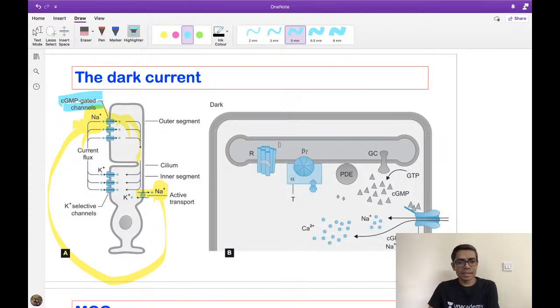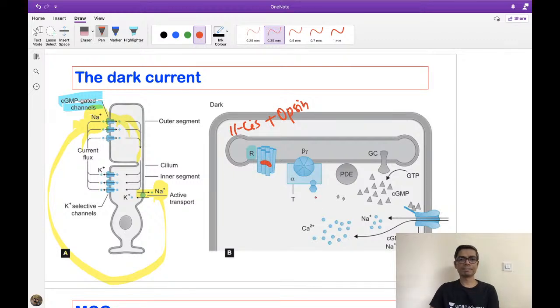Now, when the light is not there, the rhodopsin molecule is present here, and rhodopsin molecule, we all know, is nothing but 11-cis retinal plus opsin molecule. This is the long protein opsin, and 11-cis retinal is present inside this. Beside this rhodopsin molecule, you can find transducin, or G protein.